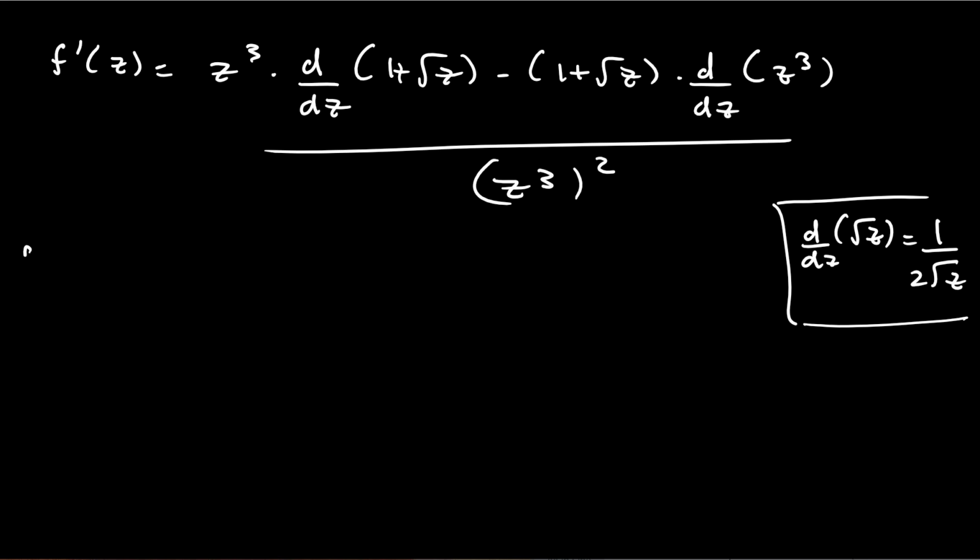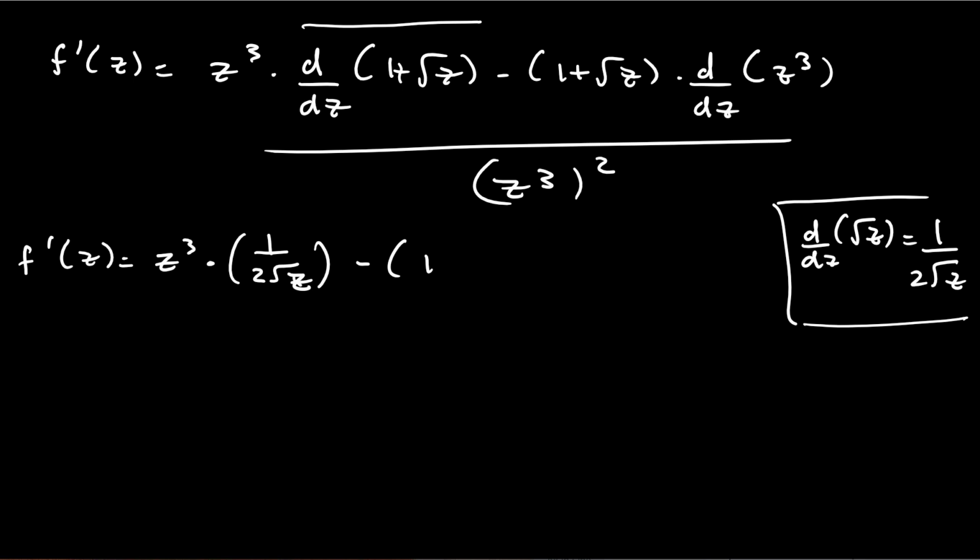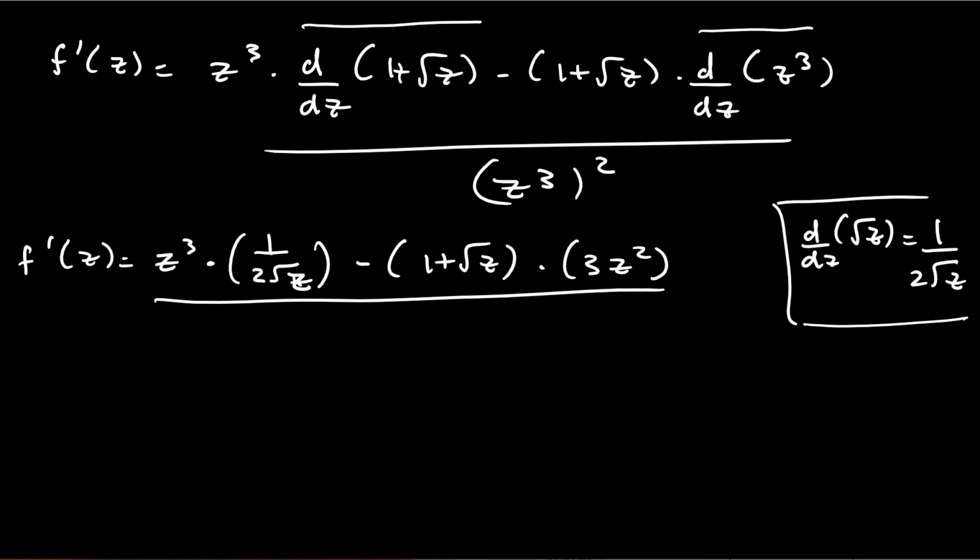So continuing, we have f primed of z is z cubed multiplied by the derivative of this term, 1 plus the square root of z, which is going to be 1 over 2 root z, minus 1 plus square root of z, and the derivative of this term, z cubed, is just 3z squared according to the power rule.